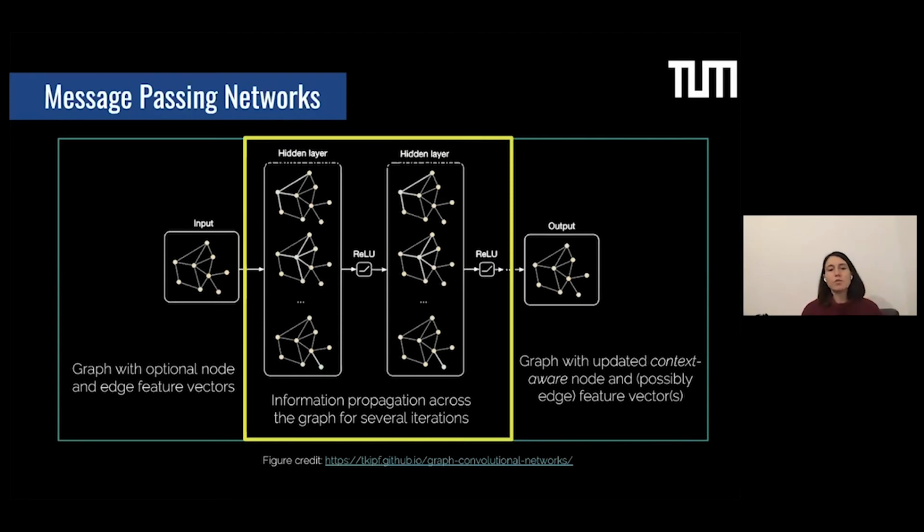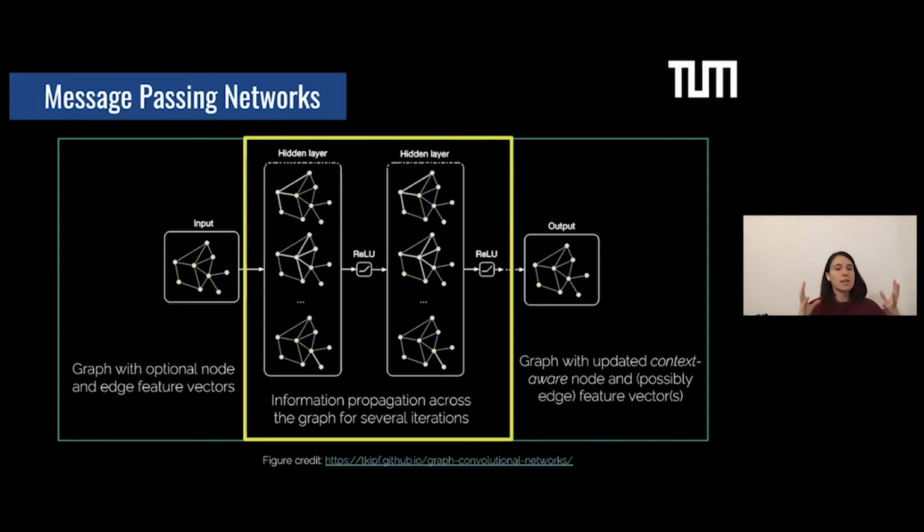But here what we're going to do is pass information from node to edge and from edge to node. So you can imagine that at each step of this information propagation, you have more and more information being passed from one edge to another edge, which is really far away, or from one node, one detection, to another detection that is really far away.